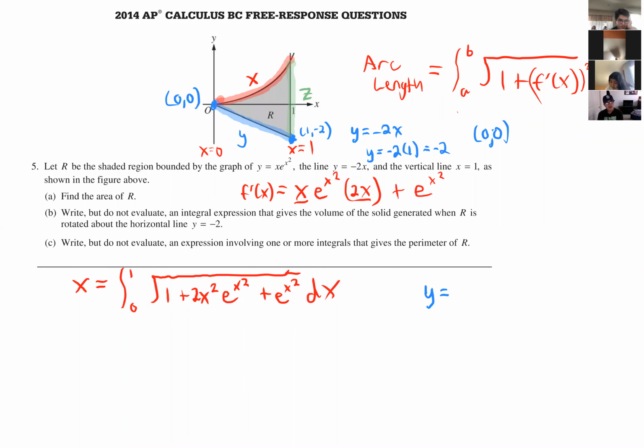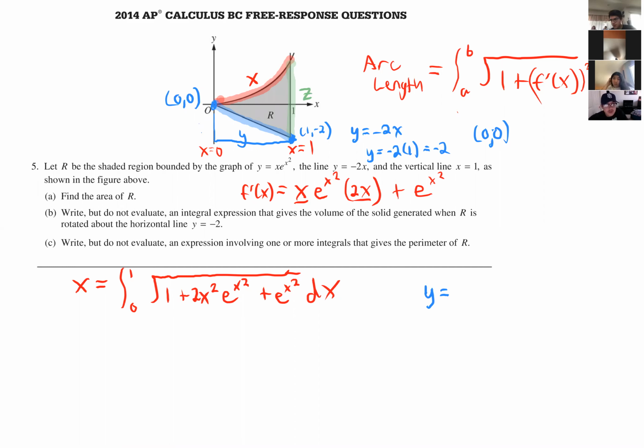You can either do distance formula or you can just do Pythagorean theorem. I'm just going to do Pythagorean theorem here. So if you were to create a triangle, this distance right here would be 1, this distance would be 2. Picture apparently is not drawn to scale.